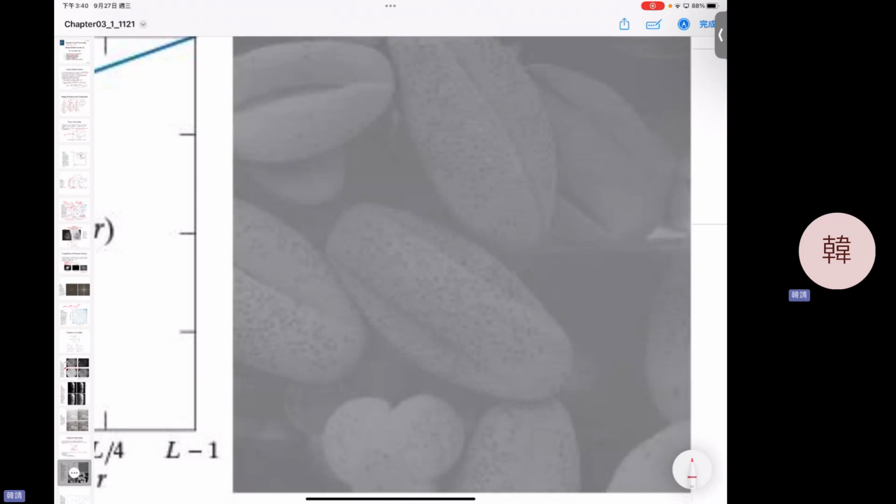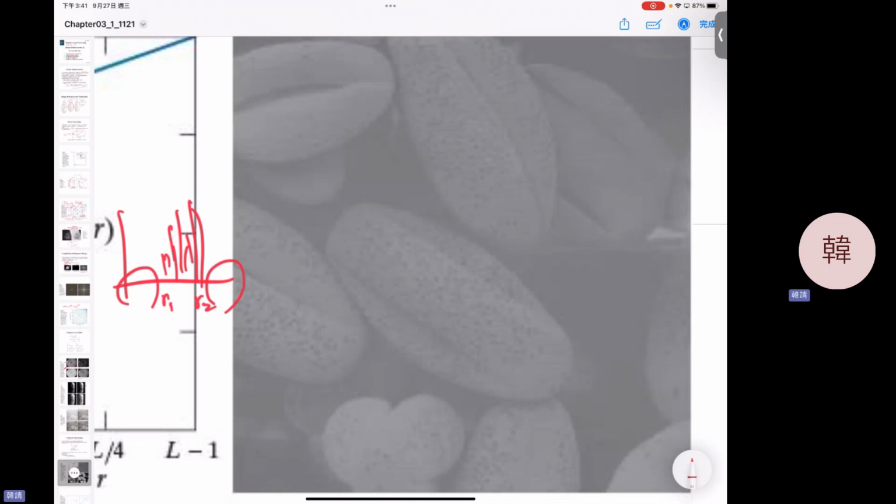Which means the intensity level should be focused on some specific range. So you can look at the histogram and see how it is distributed. You will find the histogram of this image is just like this one. There is nothing here, nothing there. It is between some R1 and R2, focused on a specific intensity range.